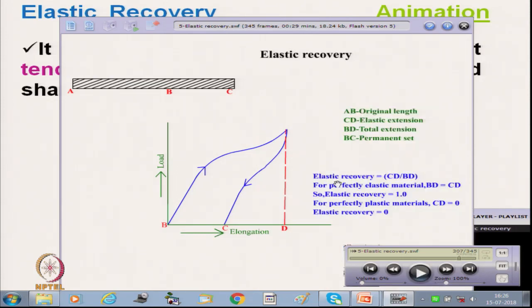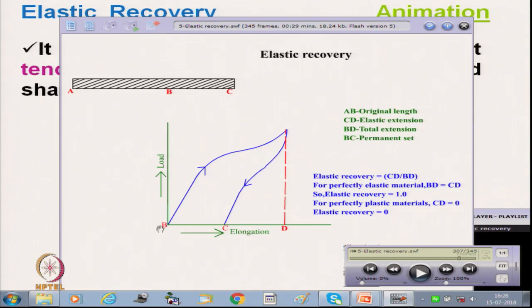So, elastic recovery is CD, the recovery, divided by the total deformation. So, CD by BD. For a perfectly elastic material there will be total recovery, that means BC will be 0, so BD will be equal to CD.